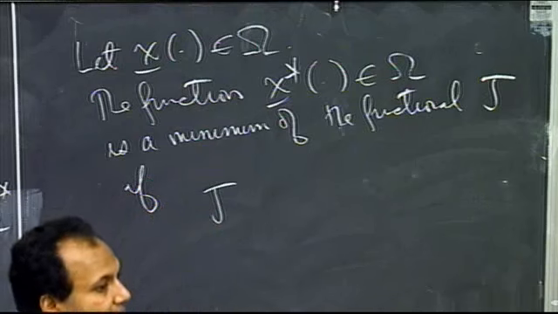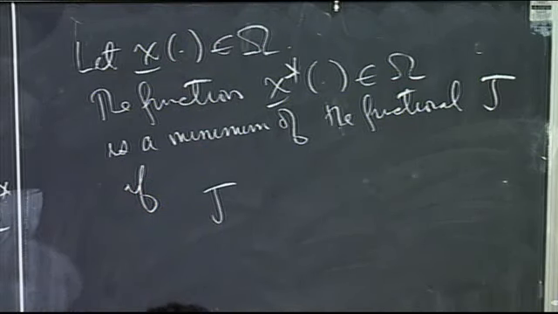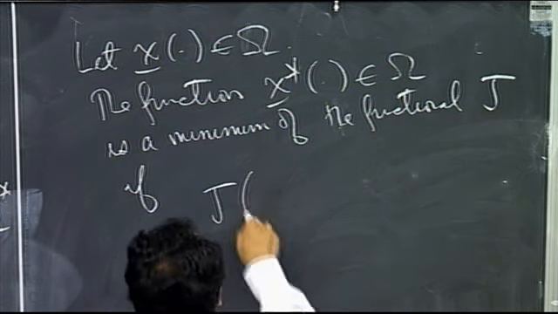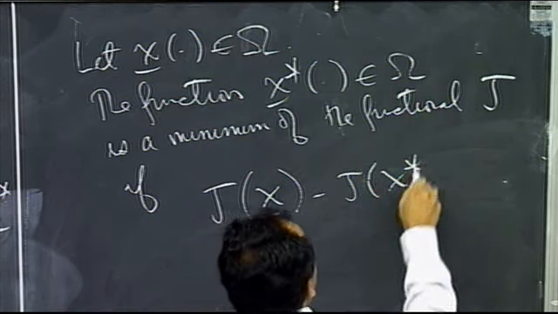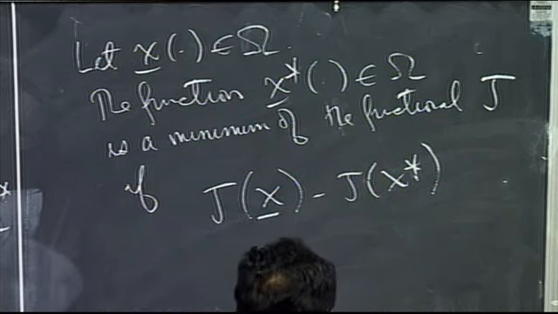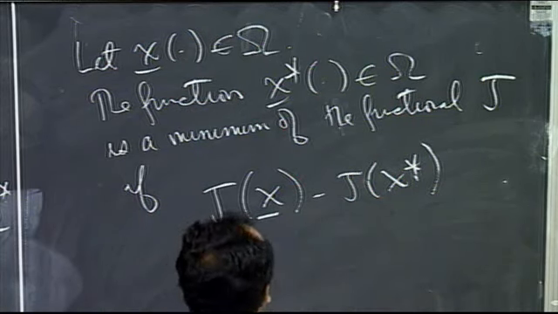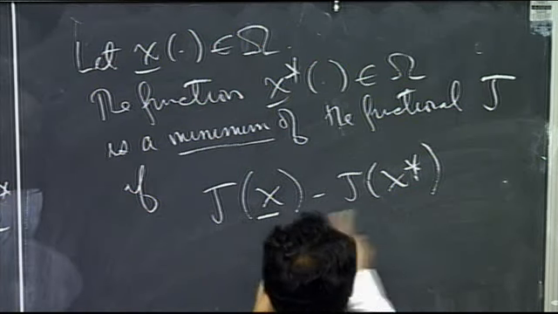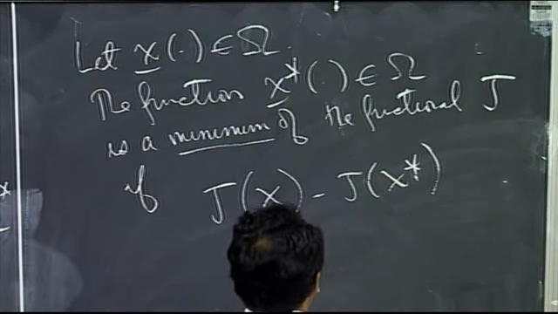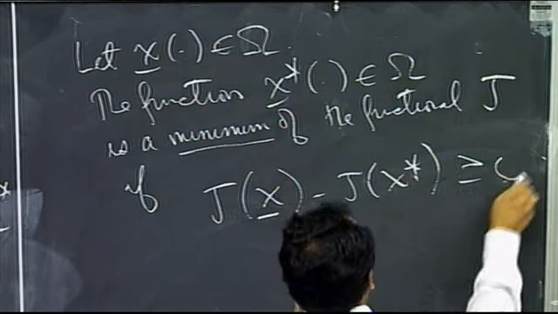So what would have to be true here? We would say that it's a local minimum if J applied to any function x minus J applied to x star is what? If I take the difference between these two, what should I get if this is a minimum? Should this be bigger than 0 or less than 0? Should be bigger than 0, right?